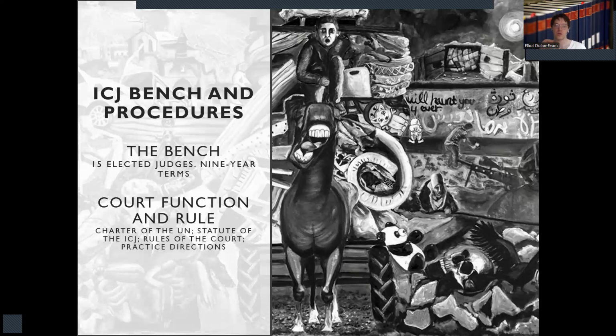So when the court adopts the rules to regulate the details of its procedures, they must be compatible with the statute. And this is also the same for the practice directions as well. They must conform with the statute and the rules. So there is some kind of hierarchy there between the rules of the court and the practice directions. They must conform with the statute itself.